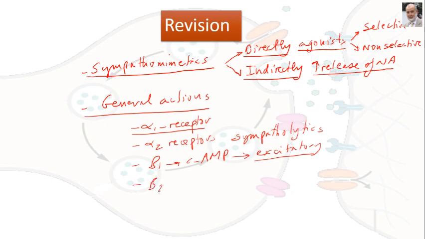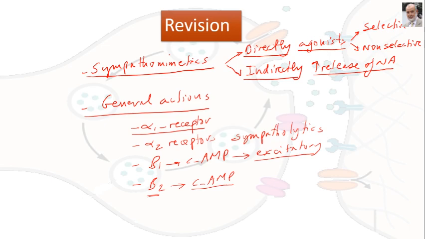Beta-2 receptors are always inhibitory, and they produce relaxation of most smooth muscles of the body. Although they are linked to cyclic AMP, they act through protein kinase A by increasing the activity of the myosin light chain phosphatase, and they lead to relaxation of the smooth muscle. So these are generally what we talked about last time.